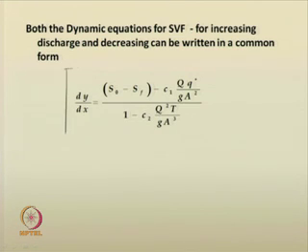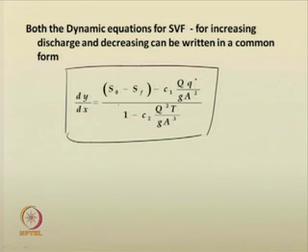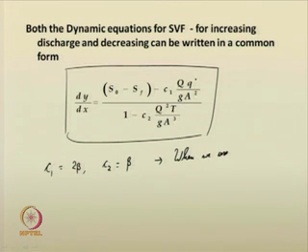Dy by dx is equal to S0 minus Sf minus a quantity C1 into Q Q star by g A squared, the whole thing divided by 1 minus C2 Q square T by g A cube, where C1 is equal to twice beta and C2 is equal to beta when we use the dynamic equation for increasing discharge.